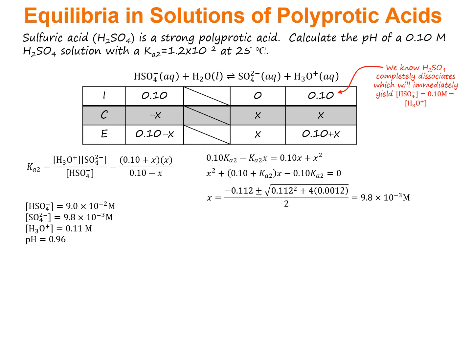For the SO4 minus, it's just X, so it is 9.8 times 10 to the minus 3 molar. And for the hydronium, it's just the 0.1 plus that small value of 9.8 times 10 to the minus 3, yielding us 0.11 molar. If we determine what the pH is for this problem, we get 0.96.